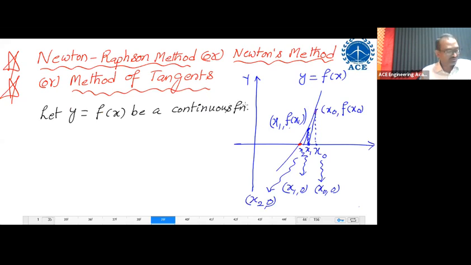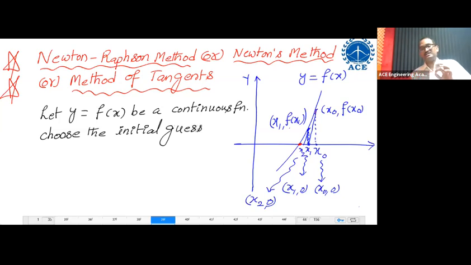Let y is equal to f of x be a continuous function. Choose the initial guess, which means the initial approximation.